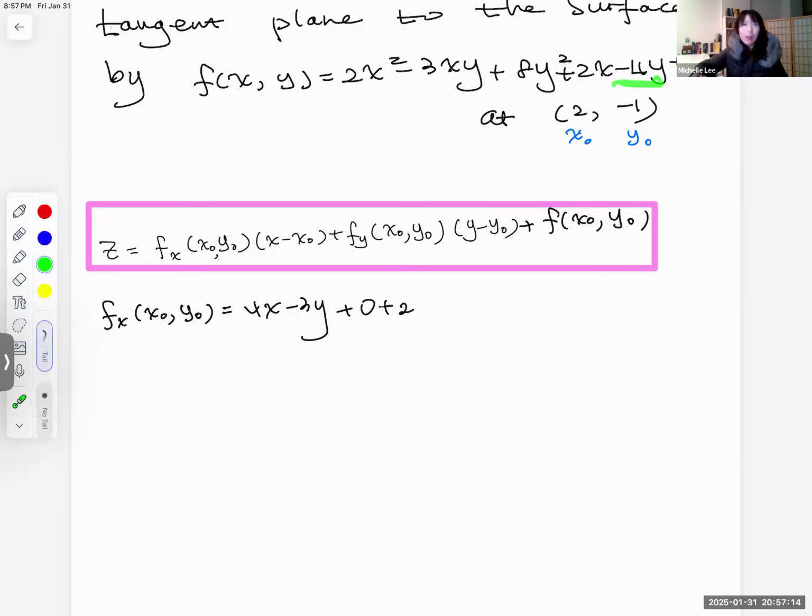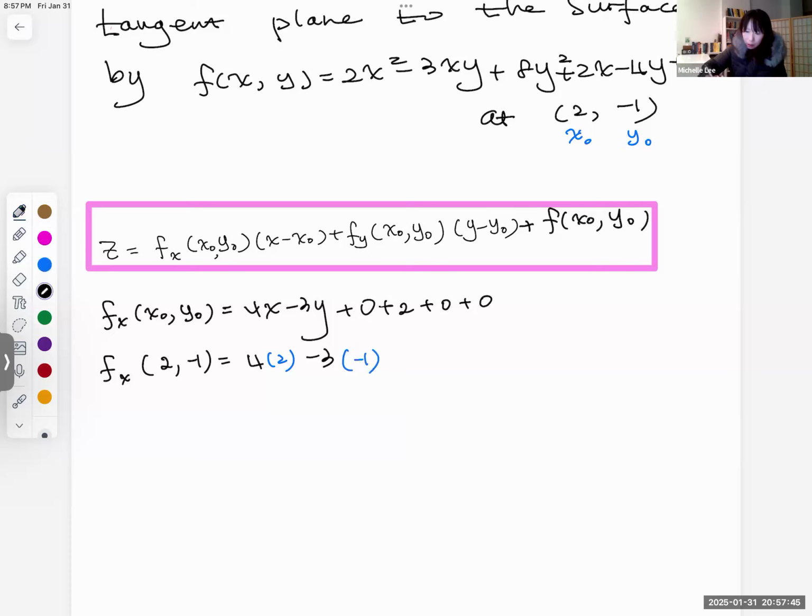And then the derivative of the last terms with respect to x is 0, 0, right? Let's evaluate when x naught equals 2 and y naught equals -1. So f partial derivative with respect to x at 2 and -1. We have 4 times 2, plus 2, minus 3 times -1, plus 2, right? Can you please calculate? This is 13. Very good.